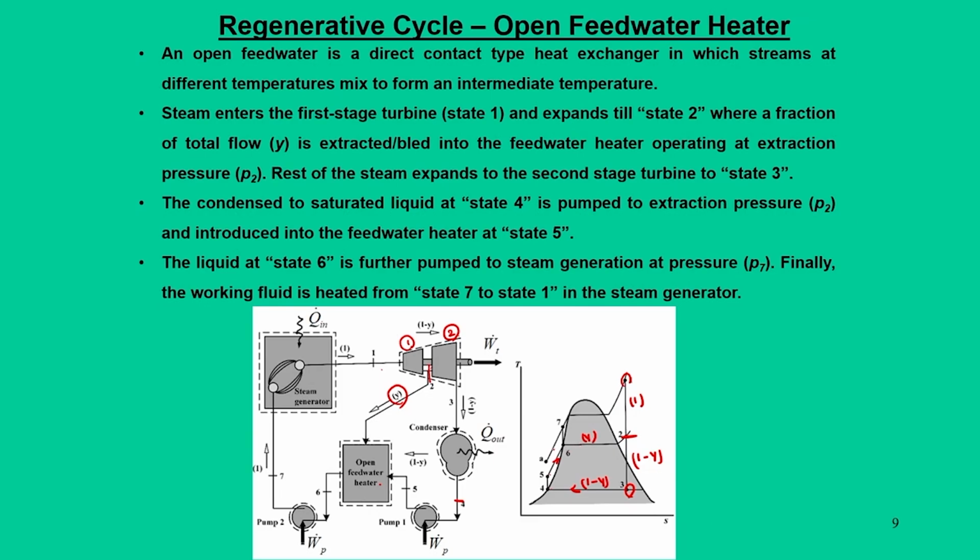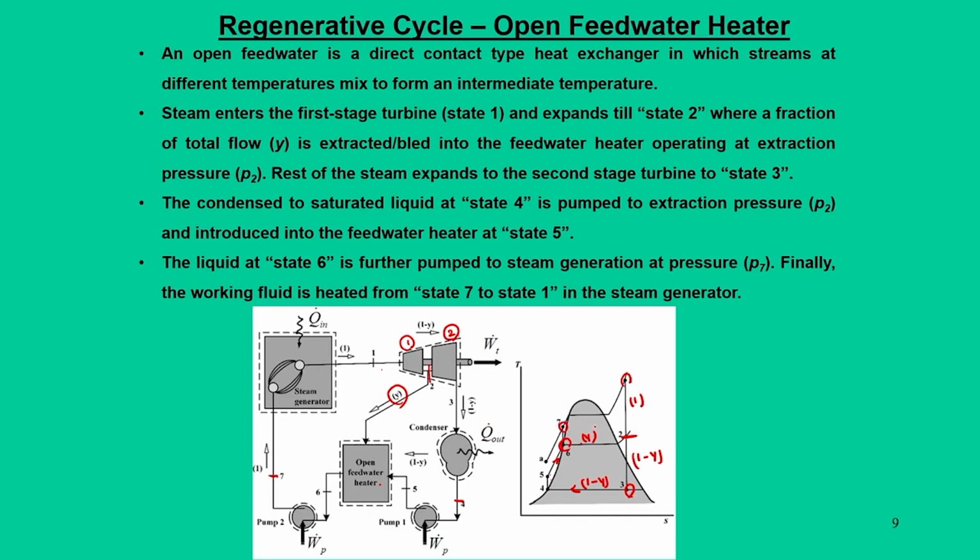Thereby we get additional heating from this steam, and the combined working fluid, the 1 minus Y unit of condensed water mixed with Y unit of steam, enters the boiler at state 7.